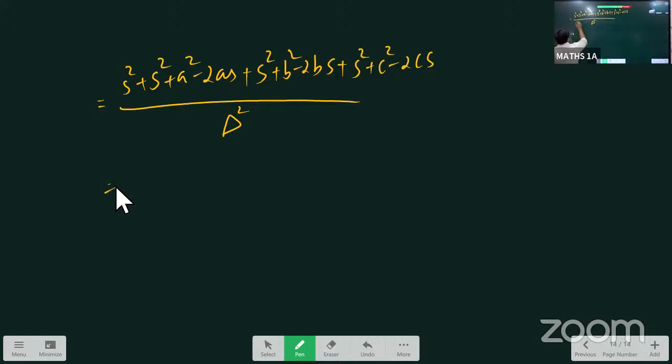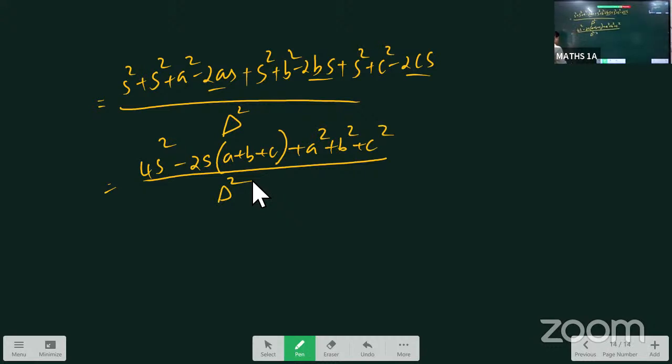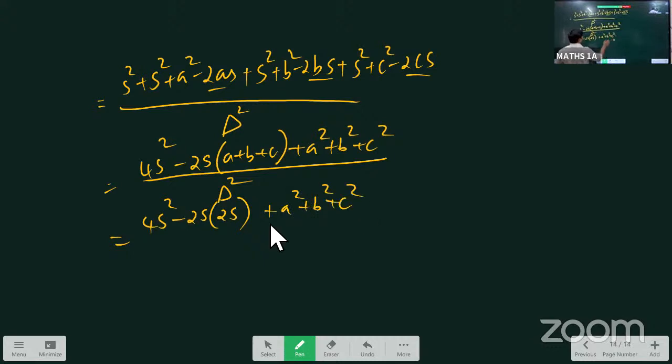So that is s square plus s square plus s square plus s square, 4s square, minus 2s common in all three terms, what I get is a plus b plus c, plus a square plus b square plus c square, whole divided by delta square.